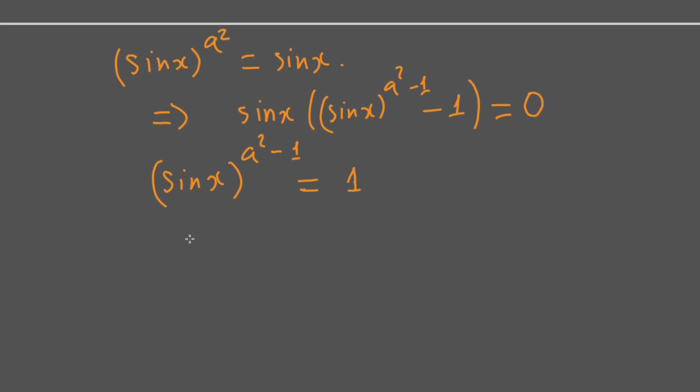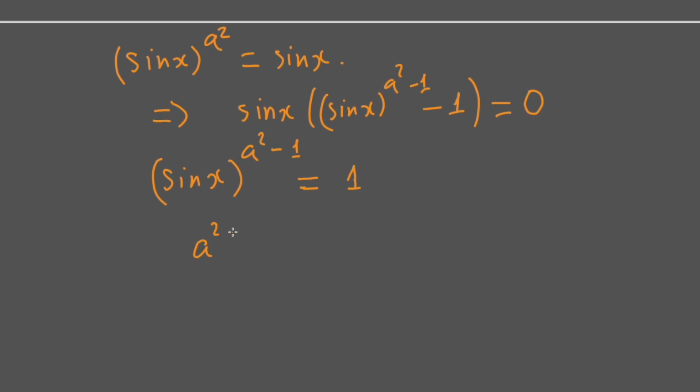So in this case, a squared minus 1 has to be equal to 0. Then a squared equals 1. And then a equals 1 or a equals negative 1.